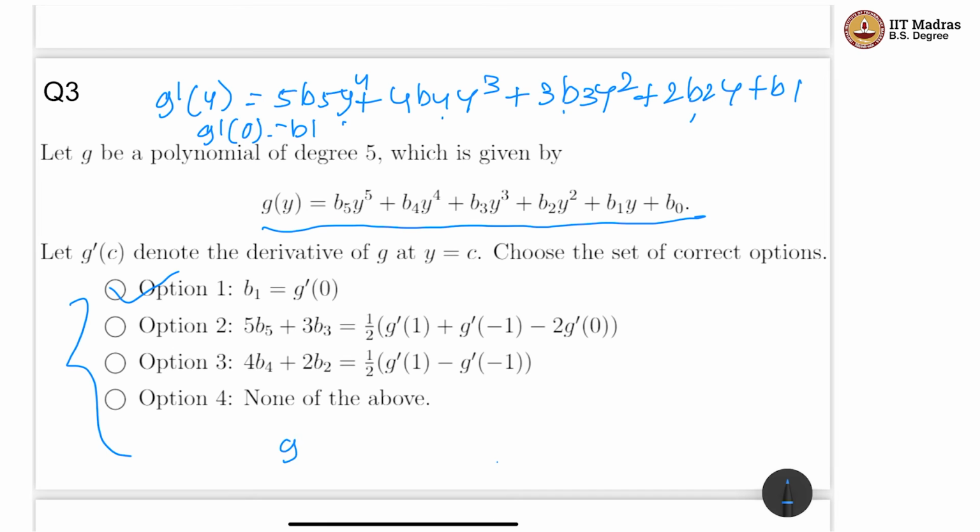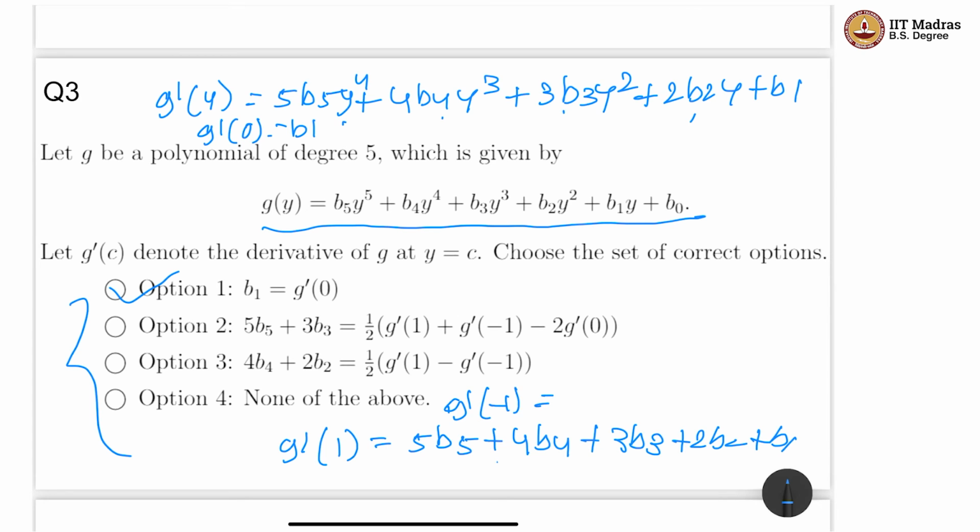Now we can calculate g dash 1, which is equal to 5b5 plus 4b4 plus 3b3 plus 2b2 plus b1, and g dash minus 1, this is 5b5 minus 4b4 plus 3b3 minus 2b2 plus b1.